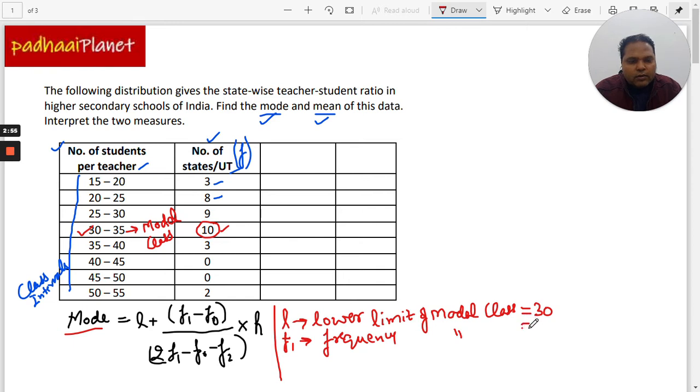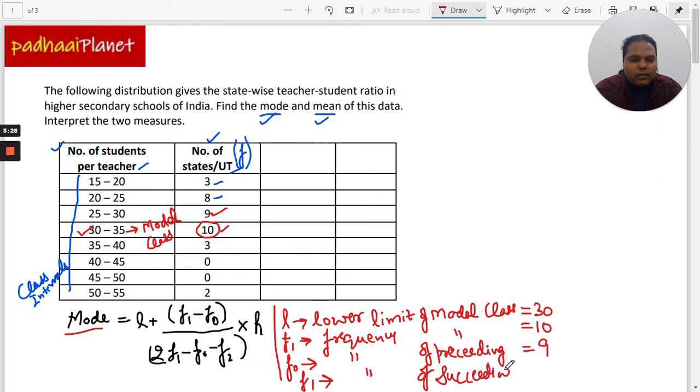F0 is the frequency of the preceding class, that's 9, and F2 is the frequency of the succeeding, the next class, and that's 3 in this case.